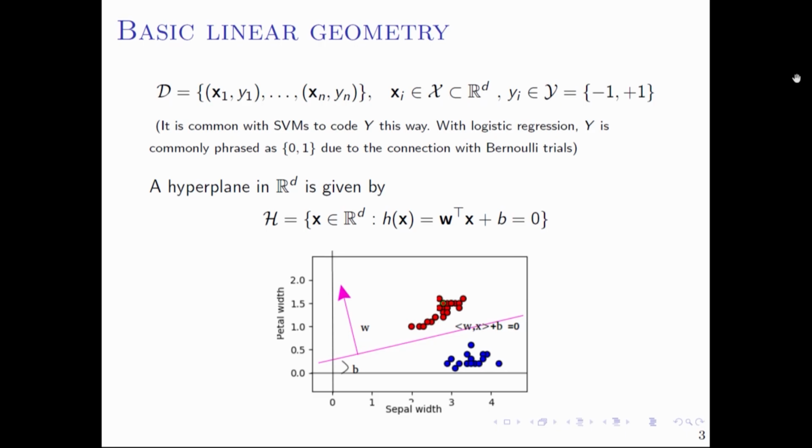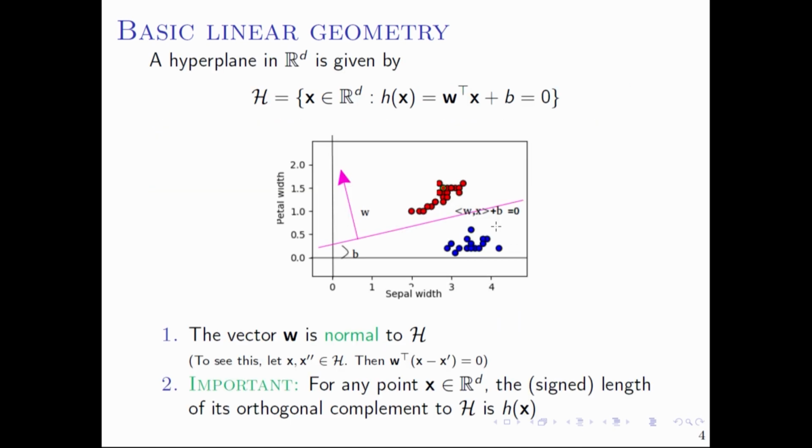W is a vector which gives the direction perpendicular to this hyperplane. If you take some x on the hyperplane and take the inner product of this x with W, then along with the bias B it will be 0. So we call B the bias, and W is the direction of the separating hyperplane.